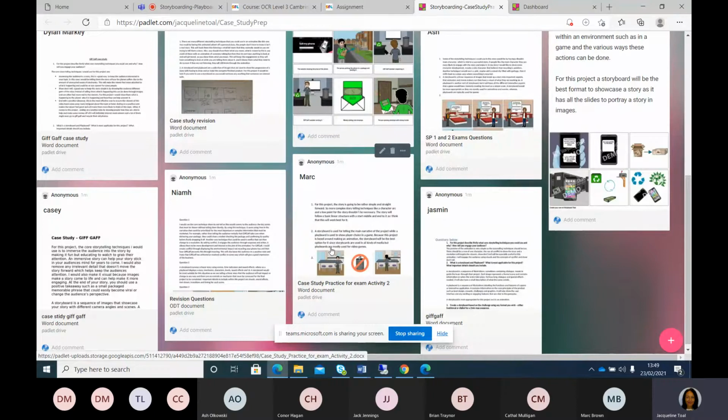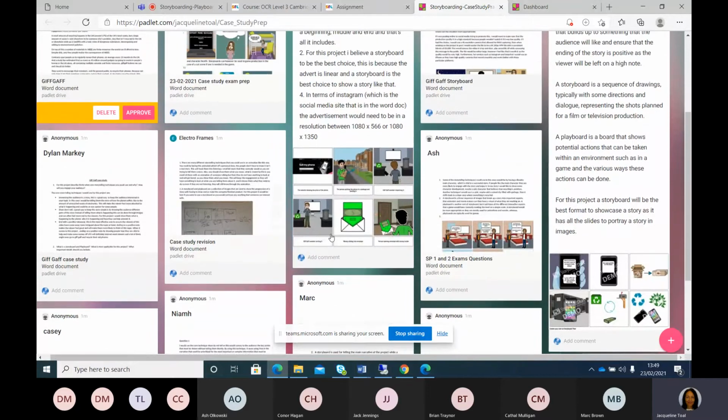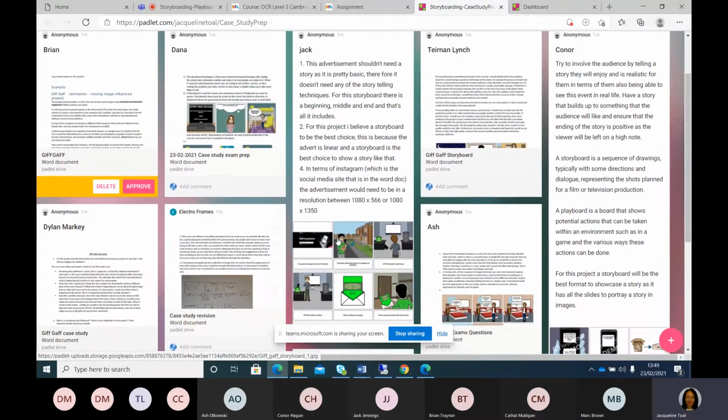And has anyone thought about any other ideas? What other techniques for storytelling?